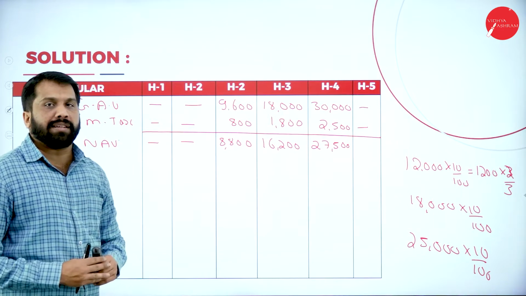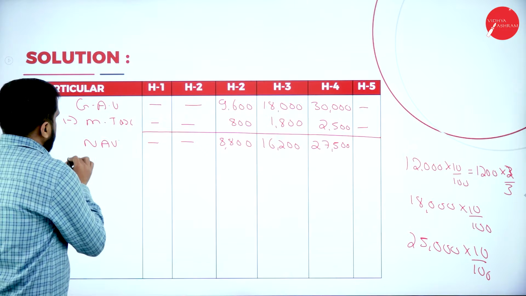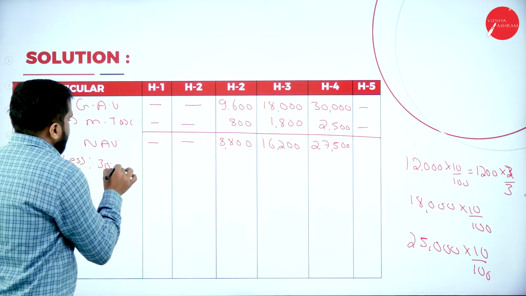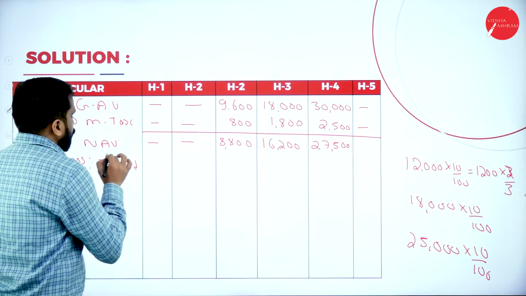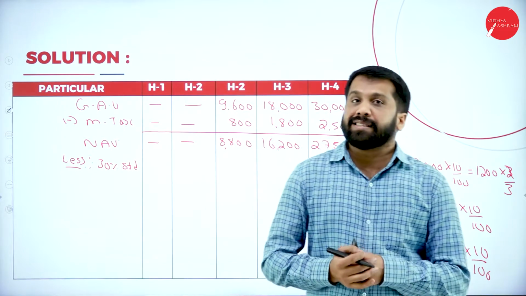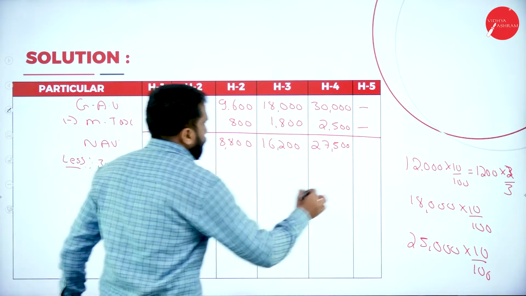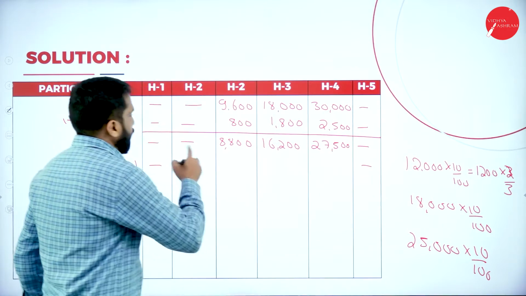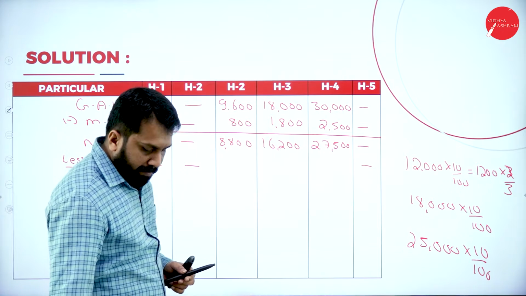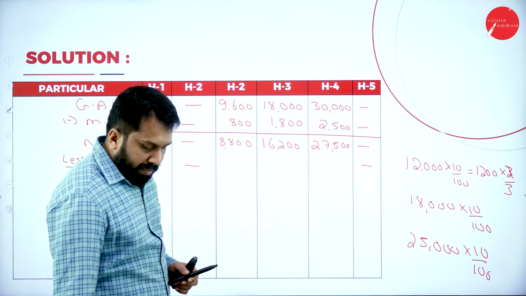Now, we'll go for the next procedure. What is the next procedure? Less 30% standard deduction, under section 24. We have to minus 30%. I'll calculate one by one. We are not supposed to do it for self-occupied. 8,800 into 30%.